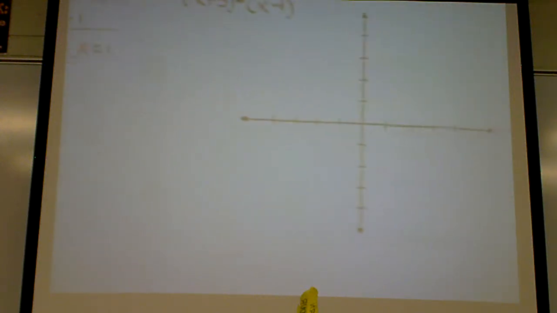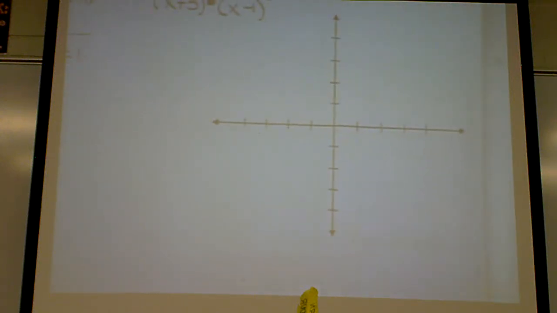So let's graph what we know. We have a root at negative 1. Our y-intercept is 0, negative 1/5.